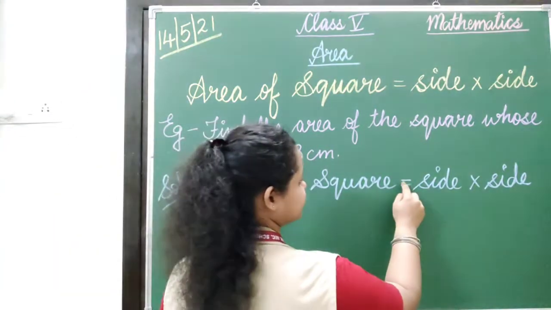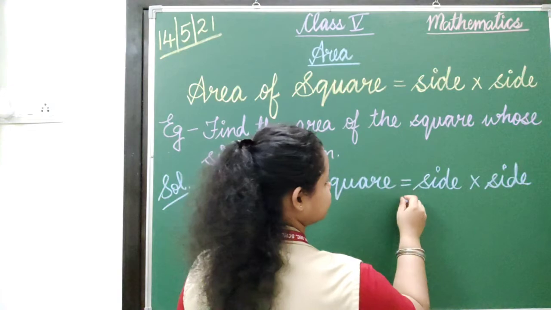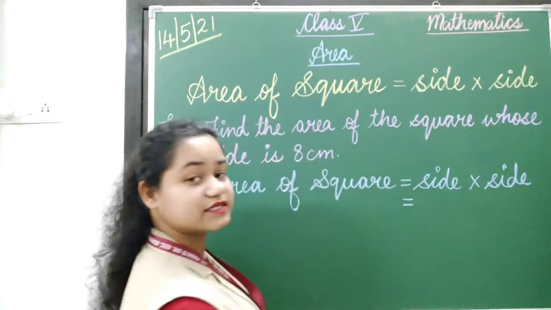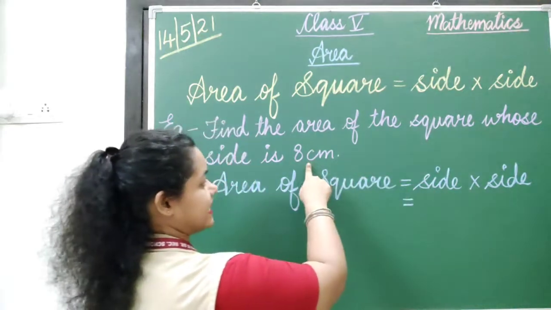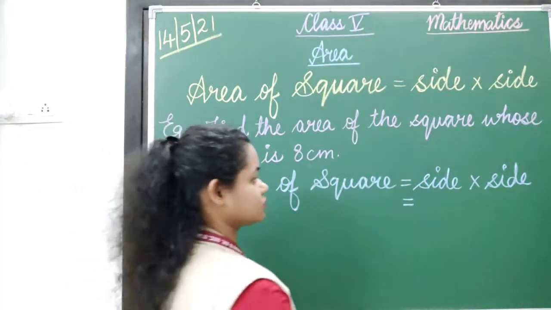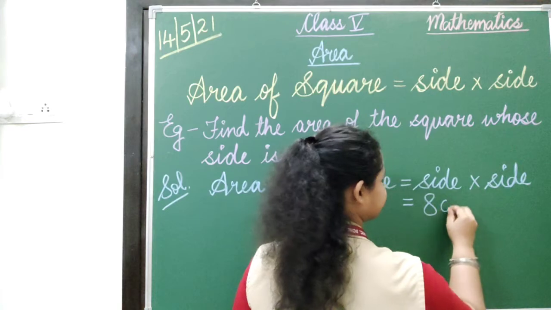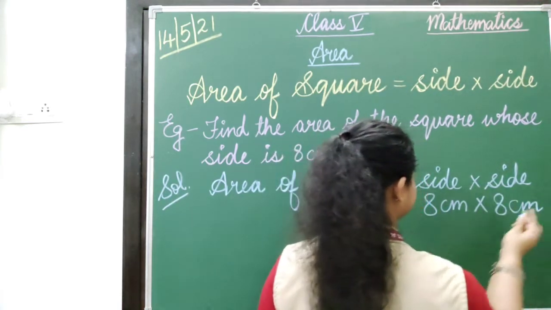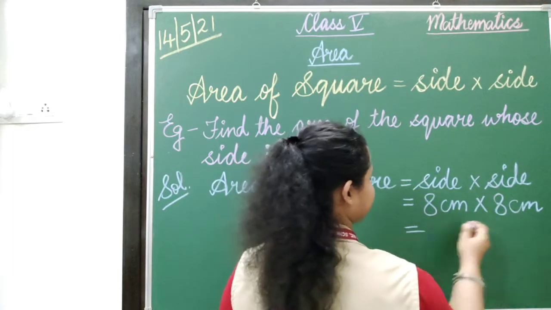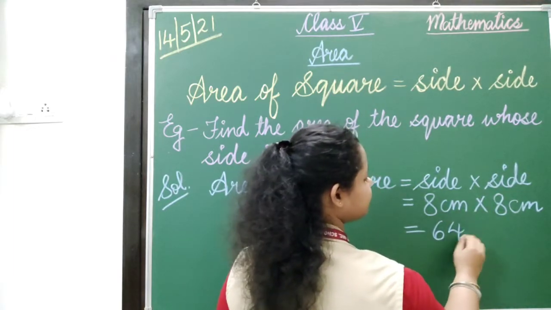Okay, then as I said, just below the is equals to sign, you have to place another is equals to sign and then put the values. Okay, so side is 8 centimeters. So this is 8 centimeters multiplied by 8 centimeters. Okay, so 8 into 8 is 8 8s are 64.